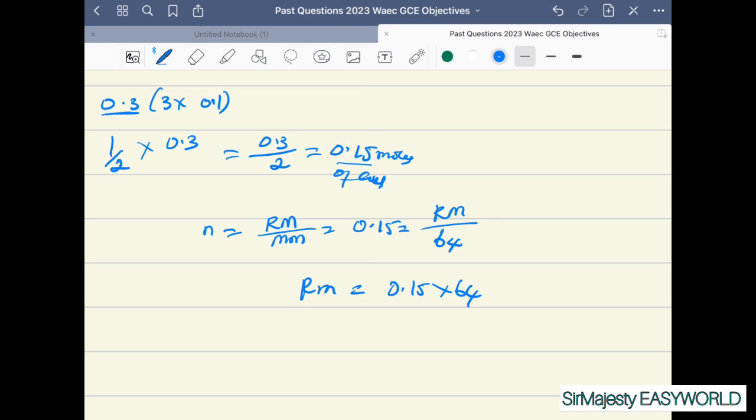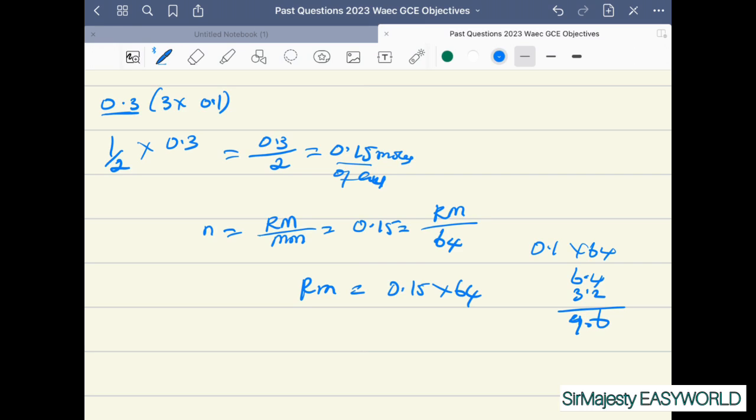We go to our calculator department, but we can use our head to find out. You can remove that 5, that's 0.05, and just say 0.1 times 64, which is automatically 6.4. Then 0.05, half of 6.4 is 3.2. So if you sum this up, you get 9.6. So the reacting mass should be 9.6.